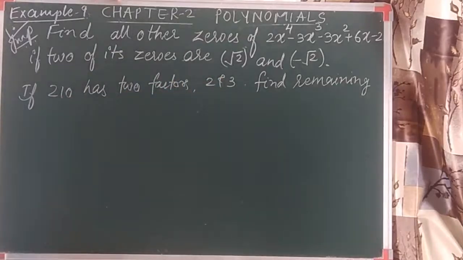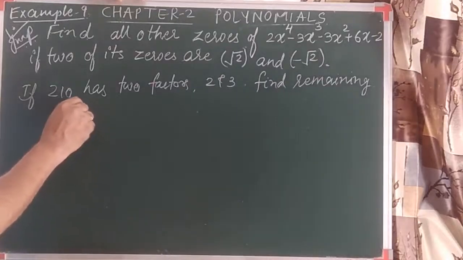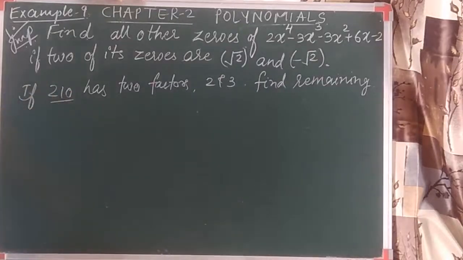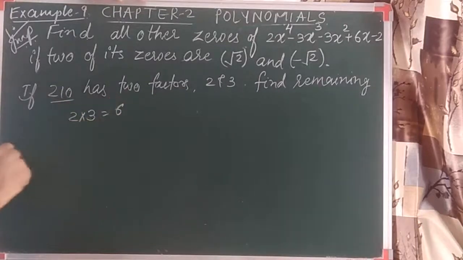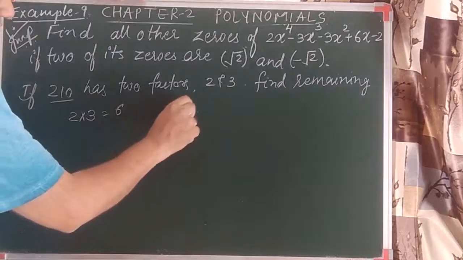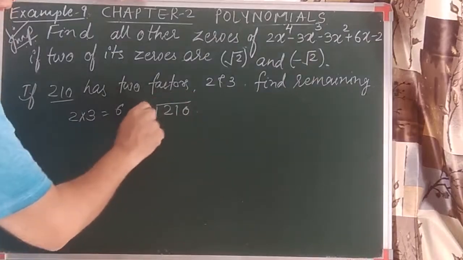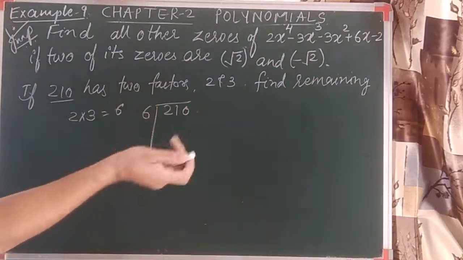So let us see how we obtain the third one. Can I say that if I divide 210 by the product of 2 and 3, that is by 6, I'll get 0? अगर 210 को मैं 6 से डिवाइड करूंगा तो भी 6 is also a factor.